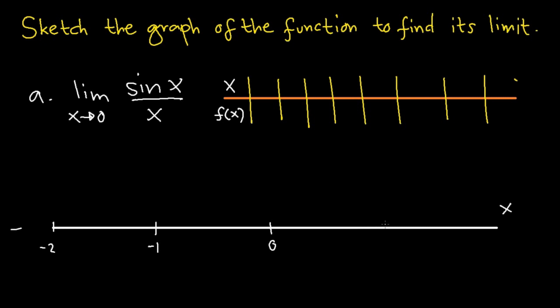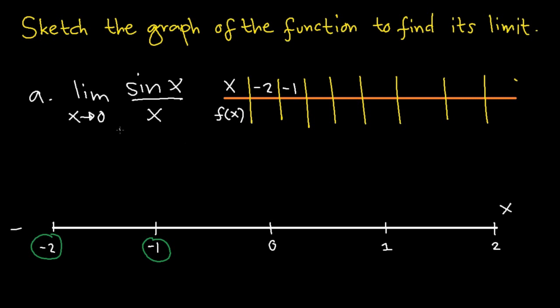Tapos sa right is positive 1 and positive 2. Therefore, pwede nimo gamiton ang mga values from the right or left sa 0. So we have negative 2 and negative 1.